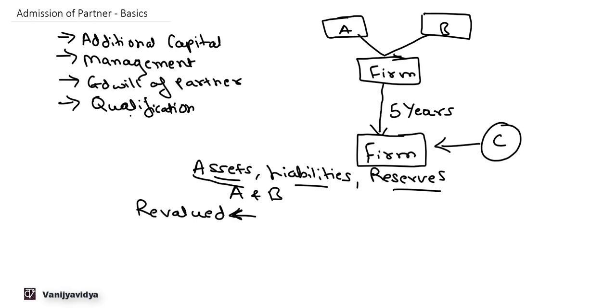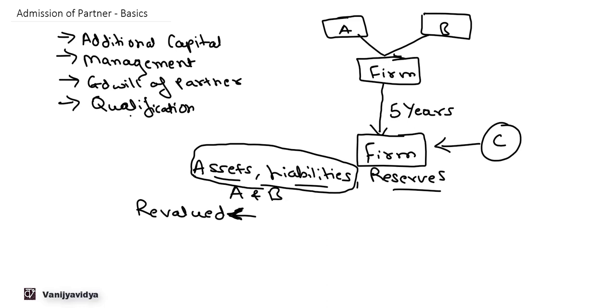Now, these assets and liabilities are a result of the business that was carried on by A and B. This profit or loss because of the revaluation of the assets need not be borne by C, because he is a new partner. Even if there is a loss, it will not be borne by C. Even if there is a profit, it has to be distributed between A and B and not C.